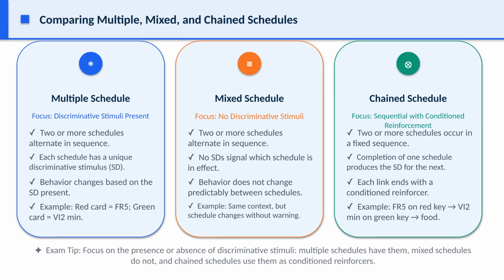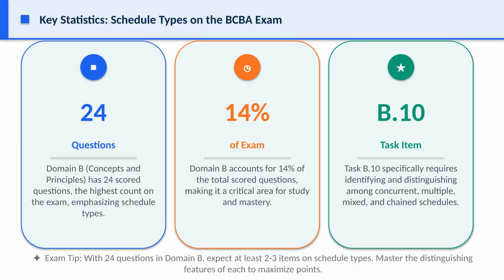On the exam, be prepared to distinguish these based on the presence or absence of SDs and the sequence of links. Domain B, Concepts and Principles, carries the heaviest weight on the BCBA exam with 24 scored questions, making it the single largest domain you must master. Since Domain B accounts for 14% of all scored questions, every concept within it, especially schedule types, demands focused study.